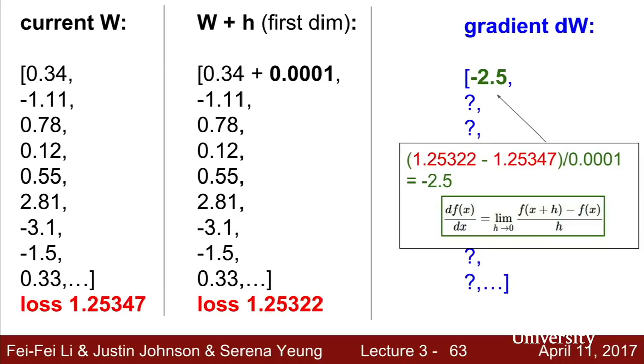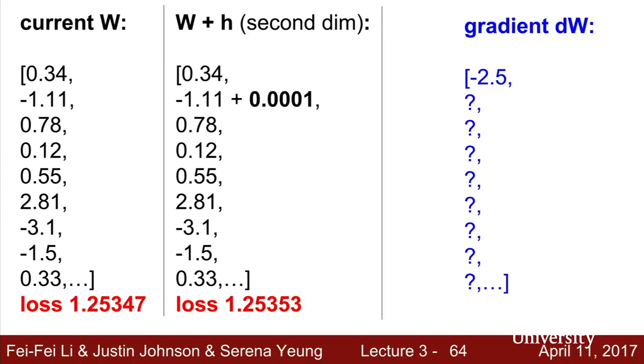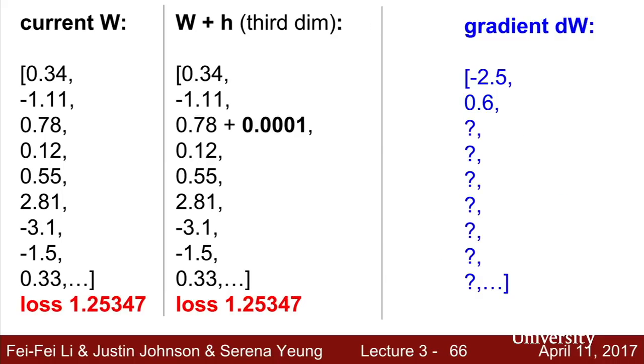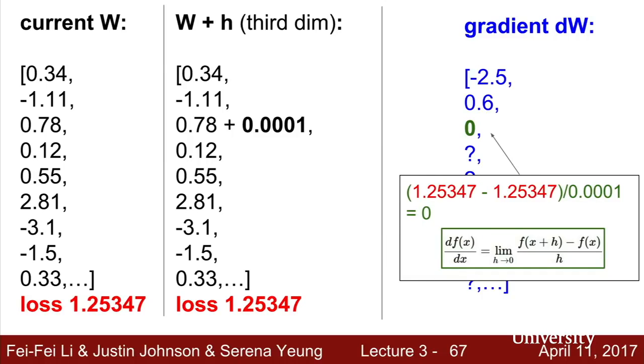Then we can use this limit definition to come up with a finite differences approximation to the gradient in this first dimension. Now you can imagine repeating this procedure in the second dimension: we set the first dimension back to the original value, increment the second direction by a small step, recompute the loss, and use the finite differences approximation to compute the gradient in the second slot. And now repeat this for the third, and on and on and on.